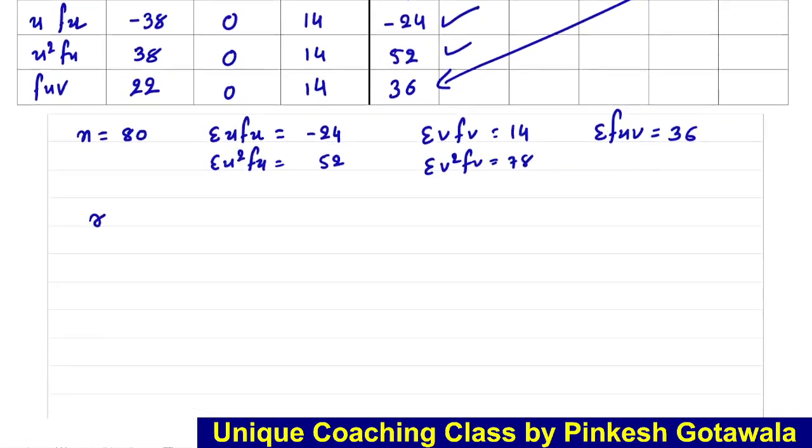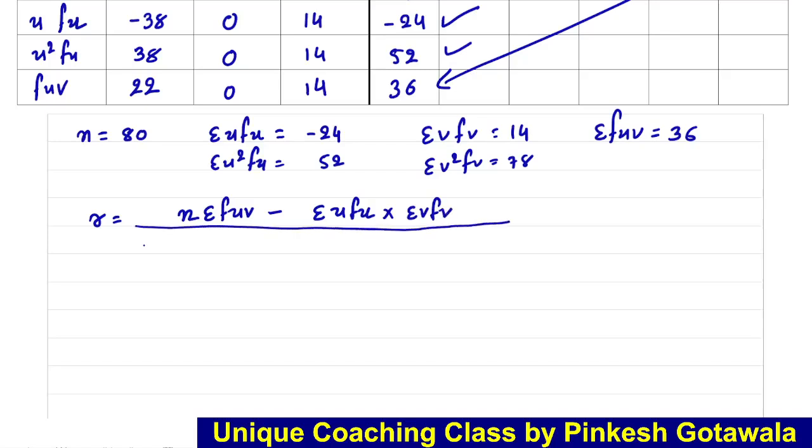Now just apply the formula: n sigma FUV minus sigma UFU sigma VFV, divided by the root of n sigma U square FU minus sigma UFU whole square, times n sigma V square FV minus sigma VFV whole square.